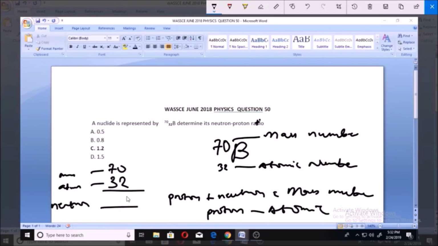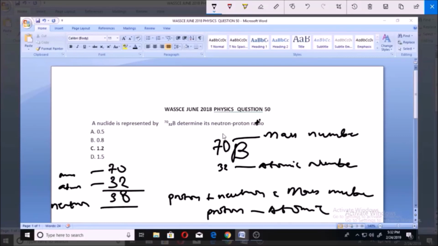So what would that give us? We have 0 here, and 6 minus 3... we borrow, 10 minus 2 is 8, then 3 here, 38. So the number of neutrons is 38.